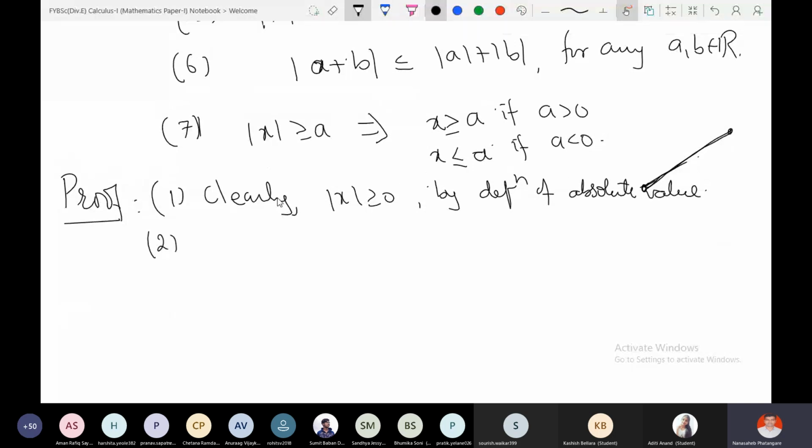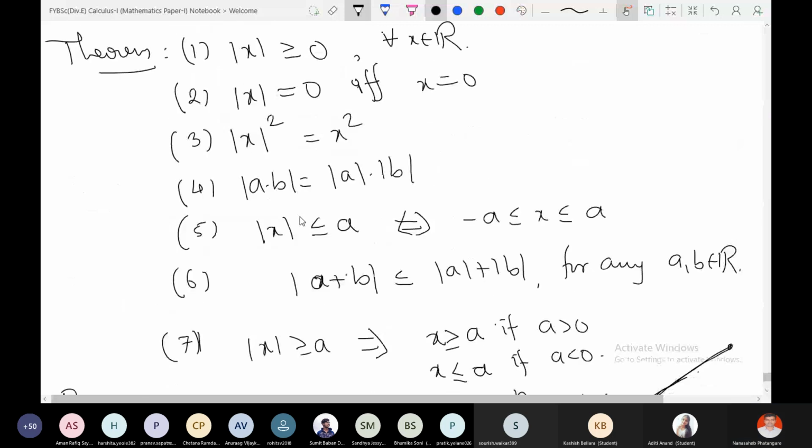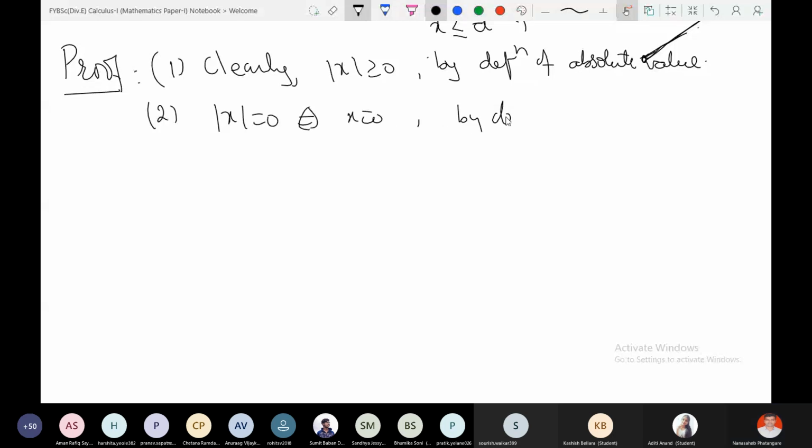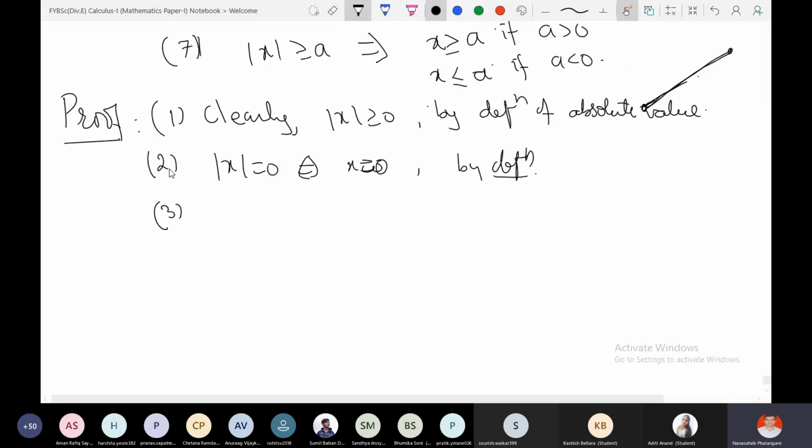Also, the absolute value of x is equal to 0 if and only if x is equal to 0 by definition. If x is 0, then only the absolute value is 0, otherwise non-zero. That is also clear just from the definition.